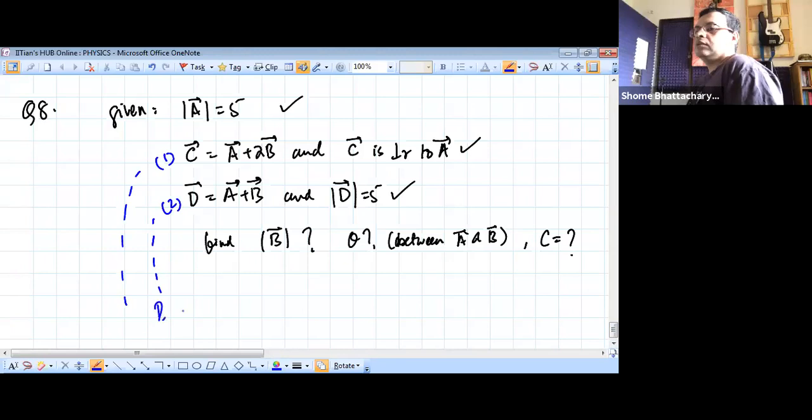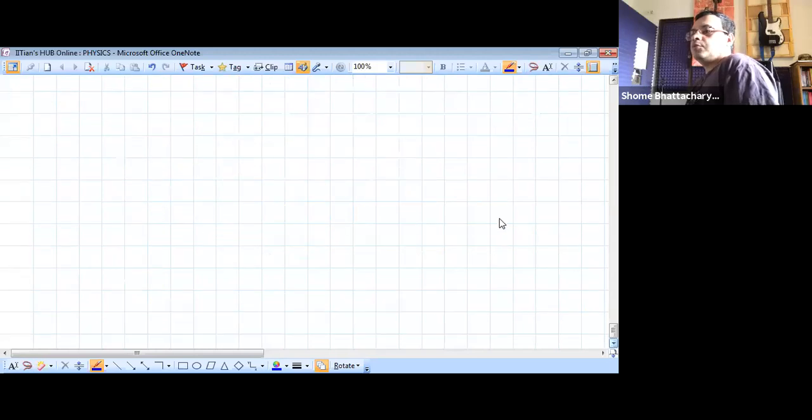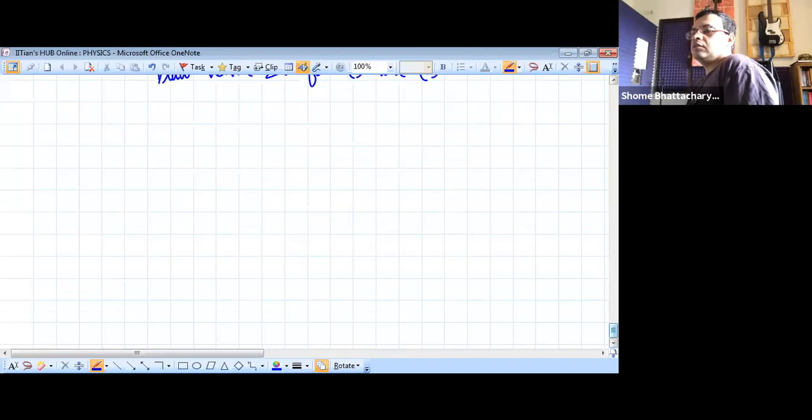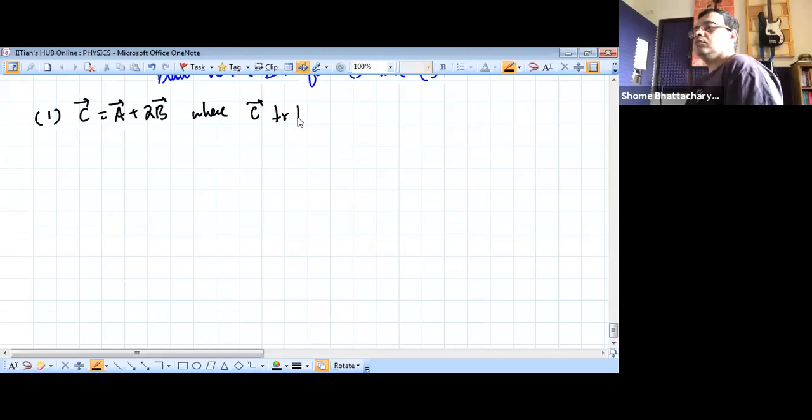So draw vector triangles for operation 1 and operation 2. So operation 1 में क्या हो रहा है? We are given that the vector C is equal to A plus 2B, where C is perpendicular to E. So let's see what kind of triangle that gives us.